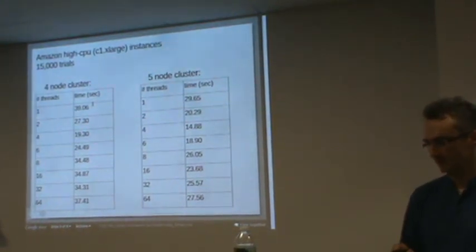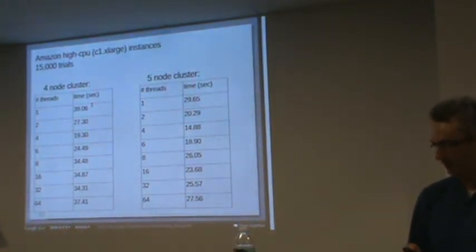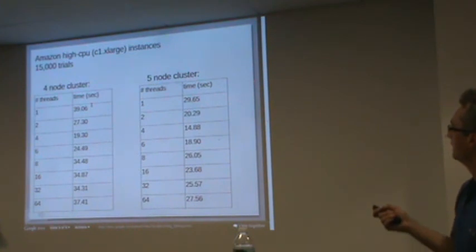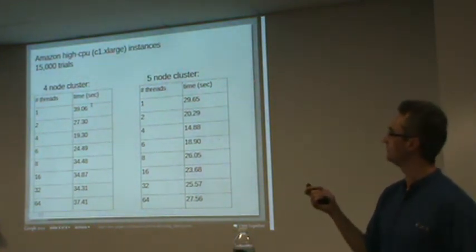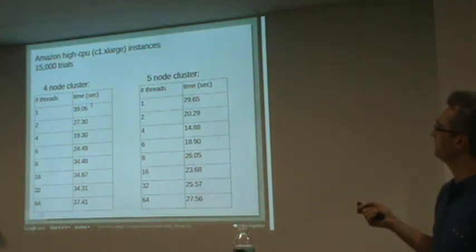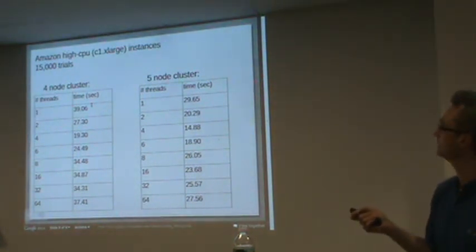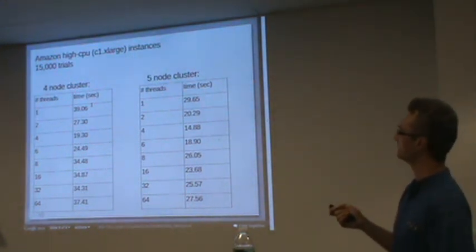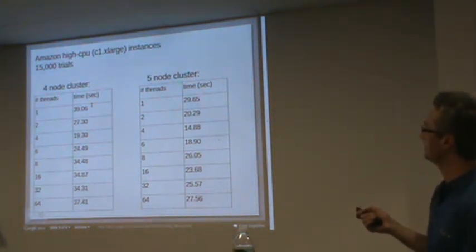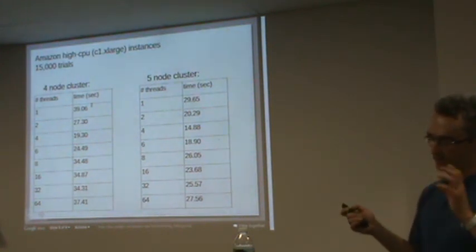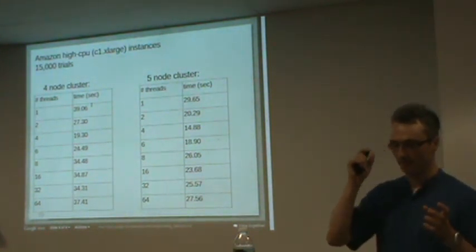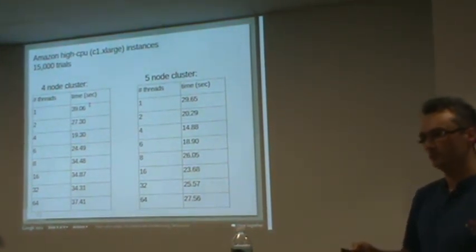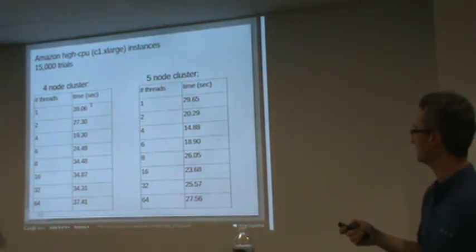This is just to show you some performance testing that I did, along the lines that I was already talking about. Because this is computationally intensive, I used what are called high-CPU instances, the Amazon EC2 instances called CC1 X-Large. I was doing 15,000 trials on a 4 and 5 node cluster. The first thing I wanted to prove, since it's an embarrassingly parallel problem, is that if you throw more nodes into the cluster, you get better results.